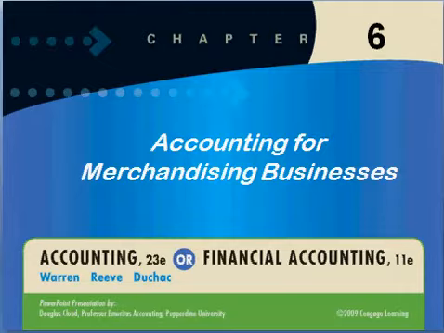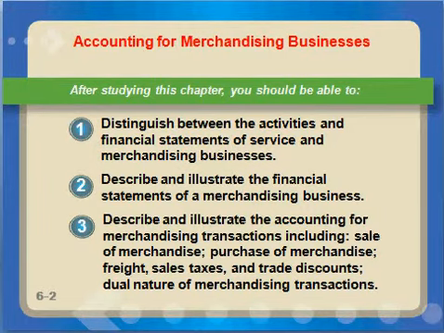So what we want to accomplish by the end of this chapter is to make sure that you're able to distinguish between the activities and financial statements of a service business and a merchandising business. We want you to be able to describe and illustrate the financial statements of a merchandising business.